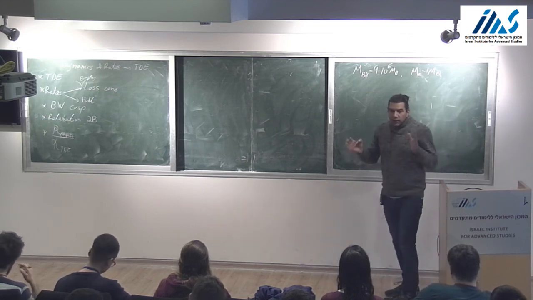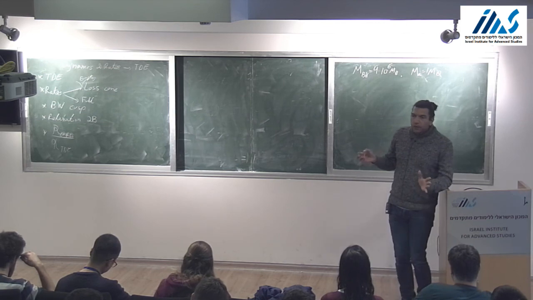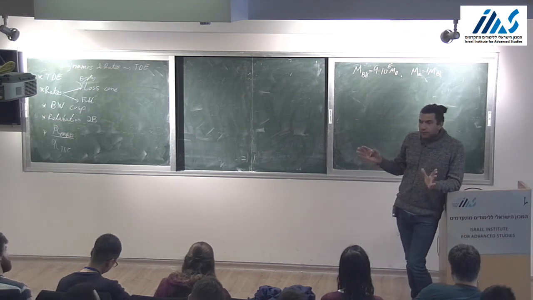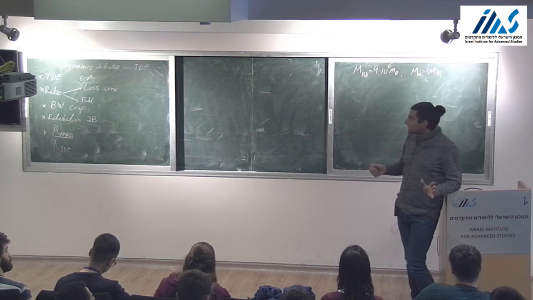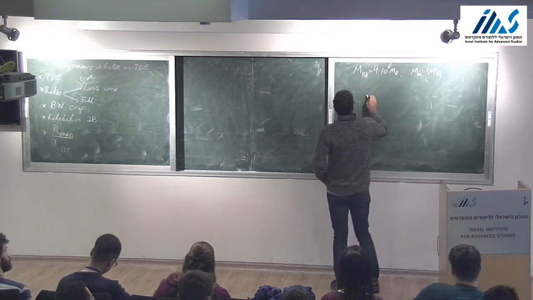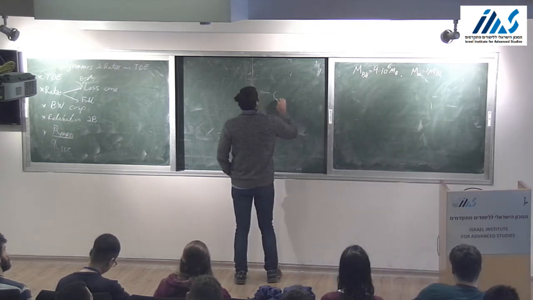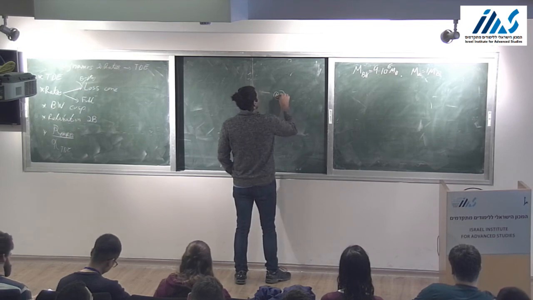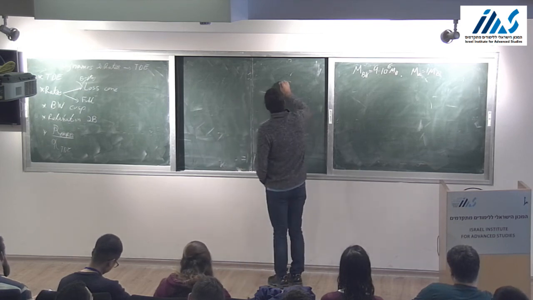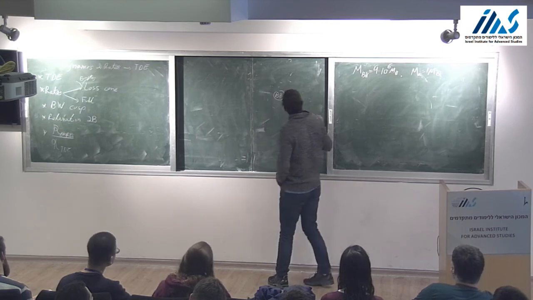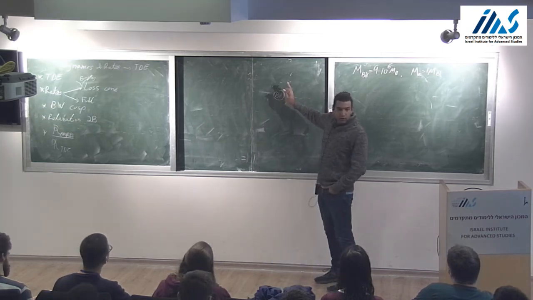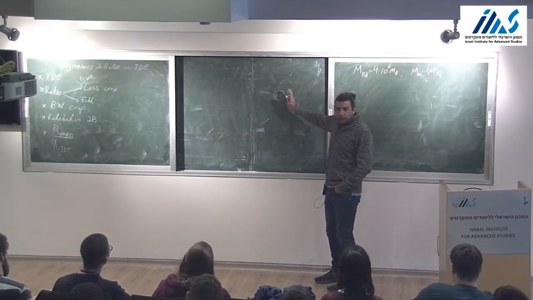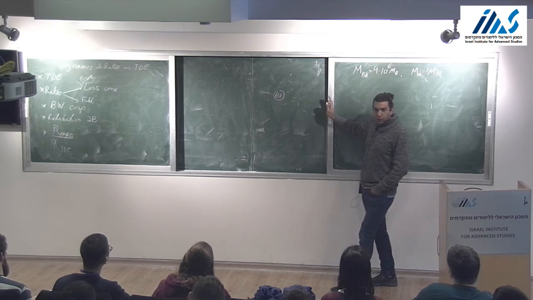We have the area around the black hole in which the mass of the black hole is the dominant mass. So there is a black hole in here. I'll plot it here. And there are some stars around it. Close to the black hole, most of the mass is that of the black hole. The farther you go, you collect more and more stellar mass that are engulfing the black hole.